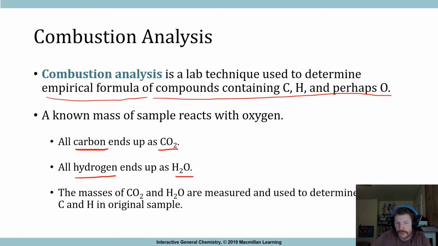So you'll be able to determine the mass of CO2 and relate that back to the mass of carbon that was in your original sample. You'll determine the mass of H2O and be able to relate that back to the original mass of hydrogen in that sample. So based on the mass of the original sample, here's the mass of carbon and hydrogen in each of those.